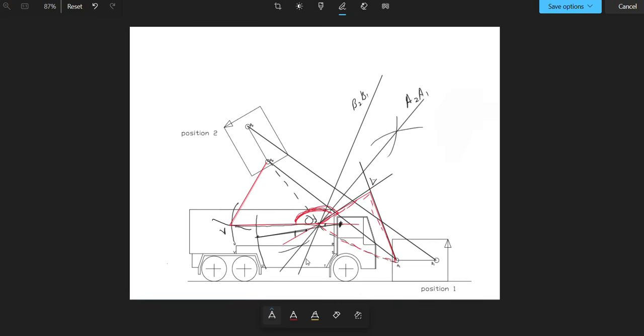What are we going to measure again? So I say measure distance. No, sorry.